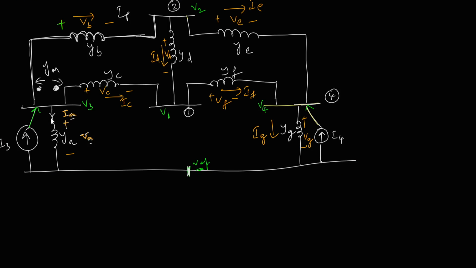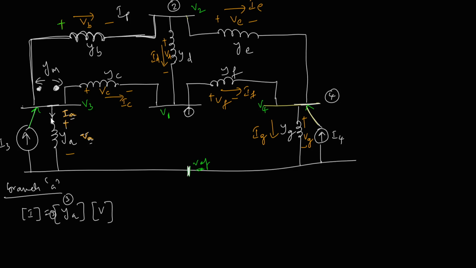Now let us write down the building blocks one by one. First branch A. What is its building block? It is just connected between the node and the reference, so its building block will be a single element: I is equal to YA into V. This is bus 3.